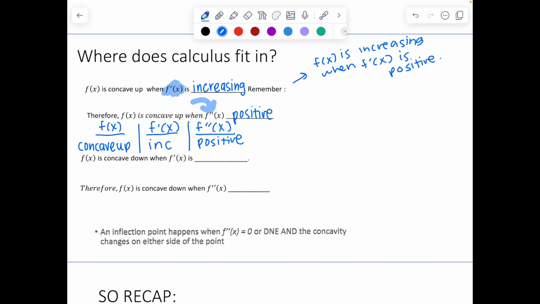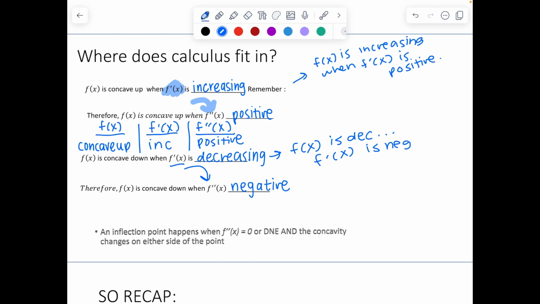Likewise, f of x is concave down when f prime of x is decreasing. And again, remember that if the original function is decreasing, that means that the derivative of it is negative. And so the derivative's derivative is the double derivative. So if f of x is concave down and f prime of x is decreasing, then the double derivative has to be negative.